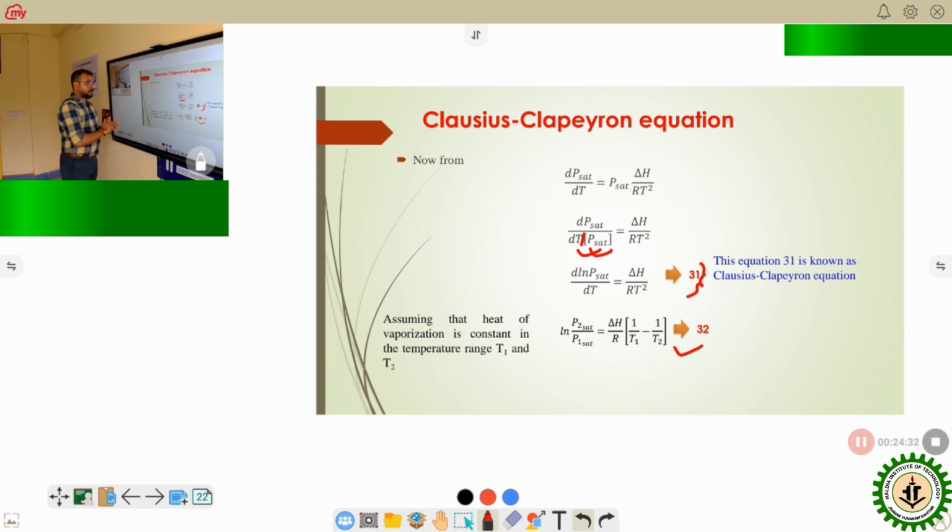This equation is also applicable to identify the temperature range, or, if we know the temperature range, what the enthalpy change is during the phase change condition.